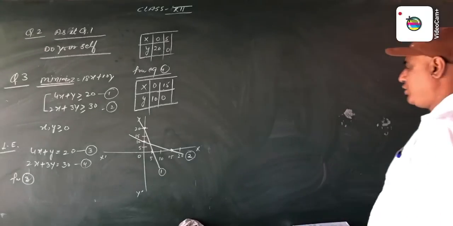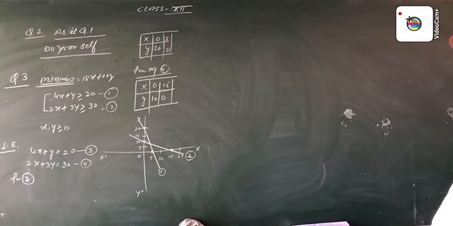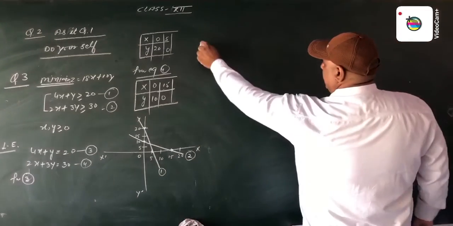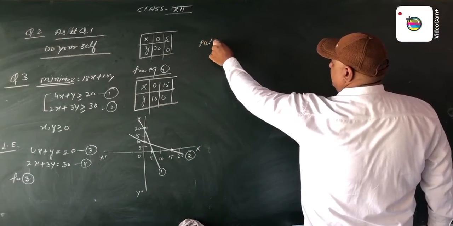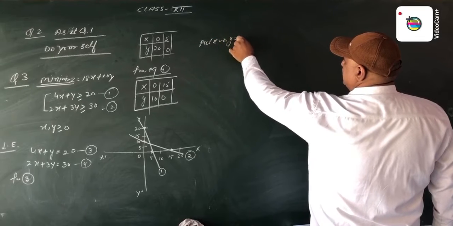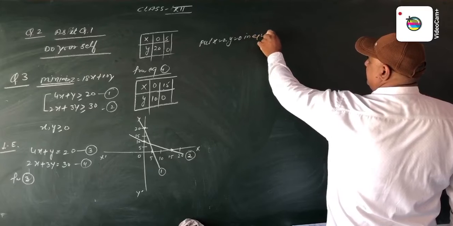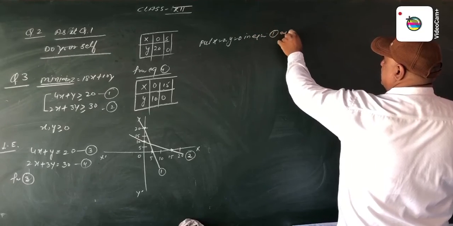Now we find the common area between these graphs. For this, put x is equal to 0, y is equal to 0 in equations first and second.